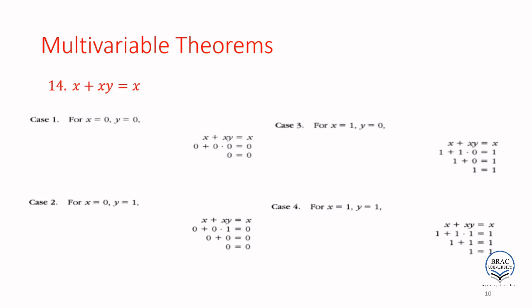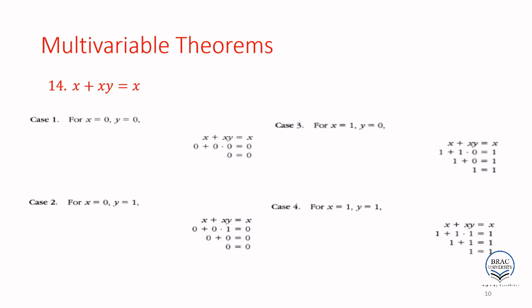This is the proof of how x plus x y equals x. We consider the cases x equals 0, y equals 0, or x equals 0, y equals 1, or x equals 1, y equals 0, or x equals 1, y equals 1. If you put x equals 0, y equals 0 in this equation, the left hand side becomes 0 plus 0 into y, which is 0, and your right side is x, which equals 0. So left hand side equals right hand side.